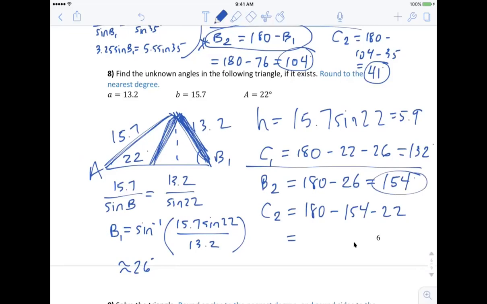And that's going to be 4. It's a little guy. So there's your 2 triangle scenarios. Whew. Okay, there's your ambiguous case.